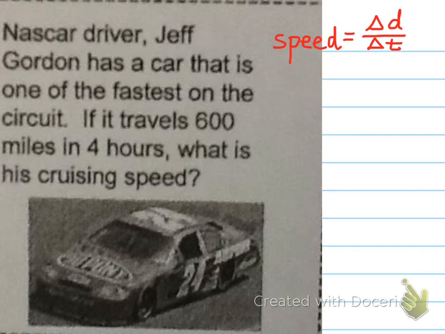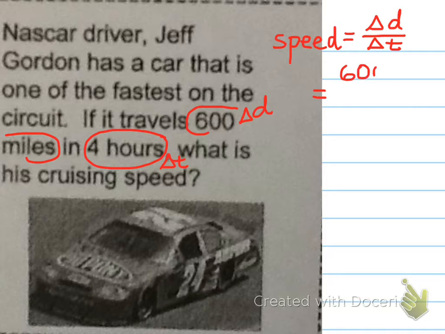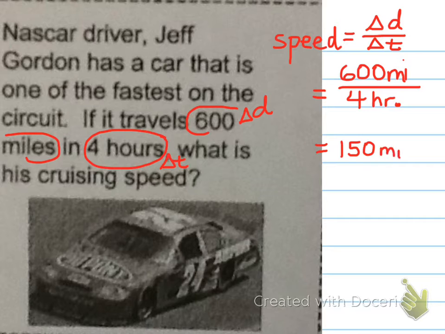So 600 miles, that's our change in distance, and 4 hours, that's our change in time. Plugging in our numbers, we're going to put 600 miles divided by 4 hours. On your calculator, you're going to do 600 divided by 4, which gives you 150 miles per hour.